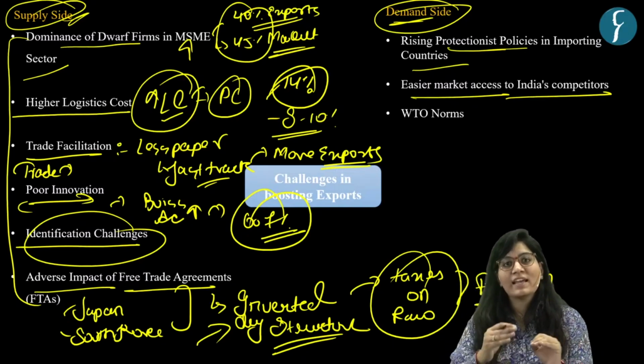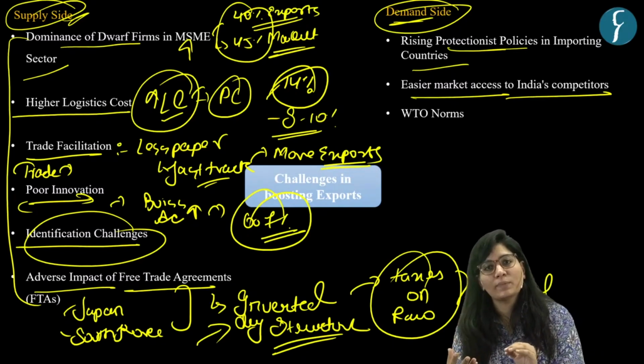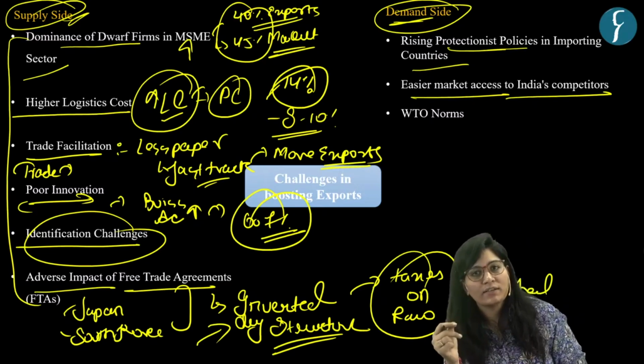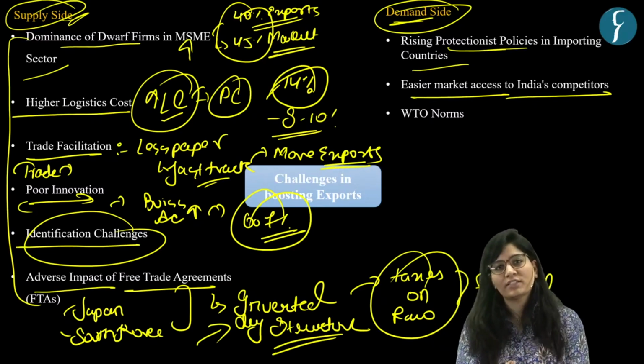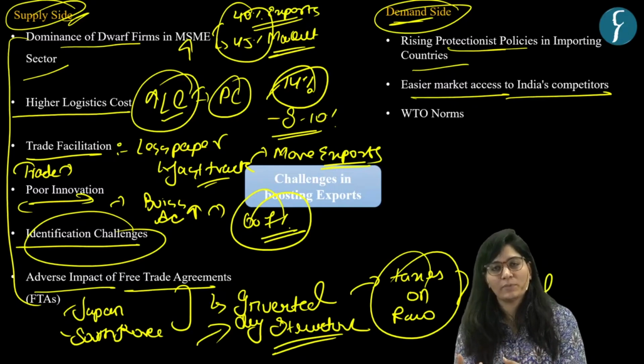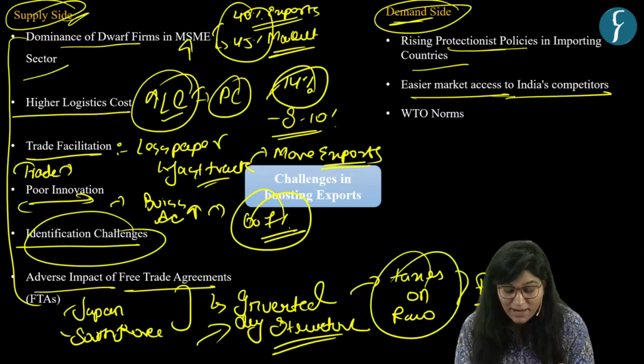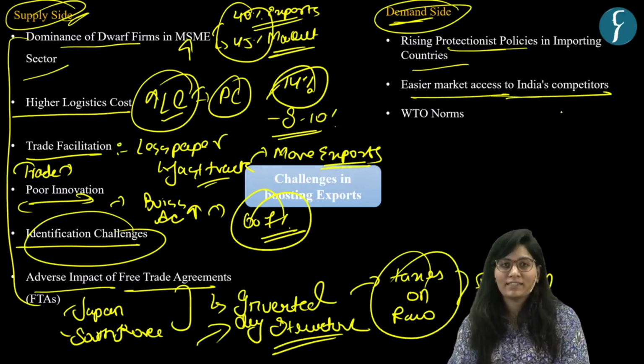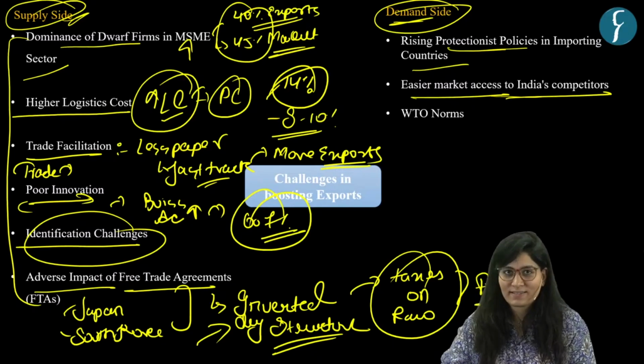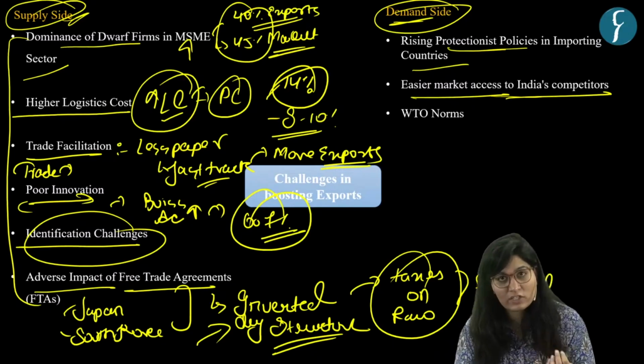Same India's product will enter the global market with high custom duty. Now you tell me which product is cheaper and which product will be costlier. Definitely India's product, no. So easier market access to India's competitors is going against us. Okay, this is another challenge.